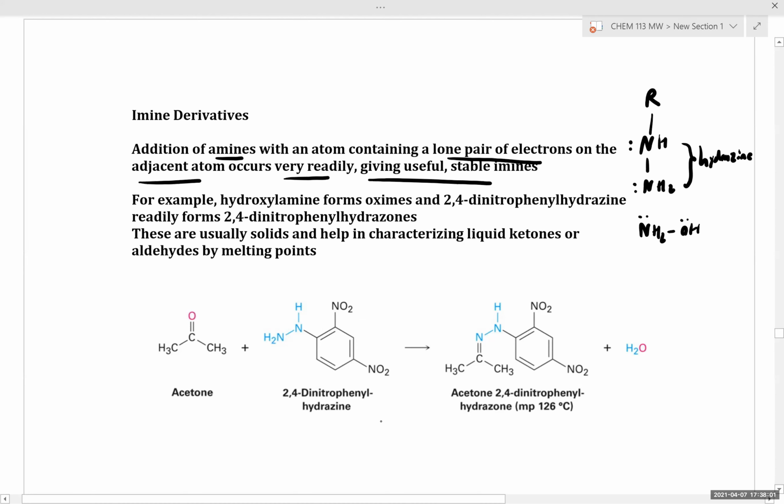Looking at 2,4-dinitrophenylhydrazine, it reacts readily with ketones and aldehydes to give 2,4-dinitrophenylhydrazones, which are a class of imine derivative. These are very useful because they're solid products and they can be useful to help characterize liquid ketones and aldehydes using their melting point.